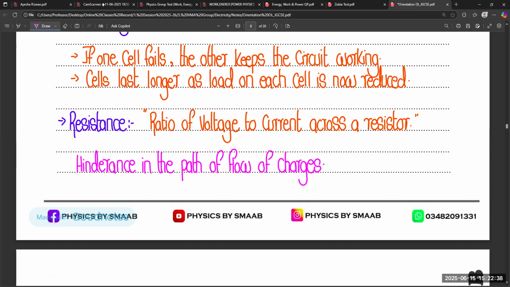And the proper definition, when you are going to write it, you have to write it is the ratio of voltage and the electric current.